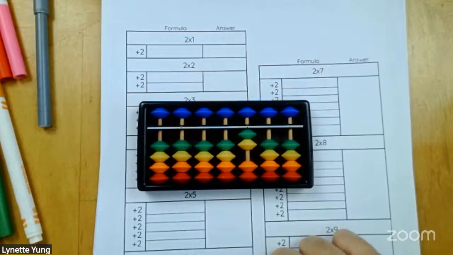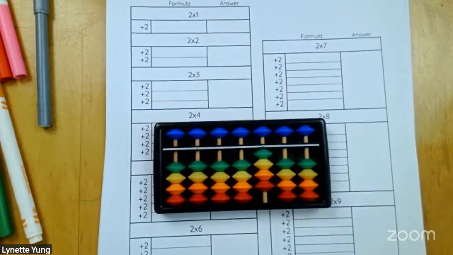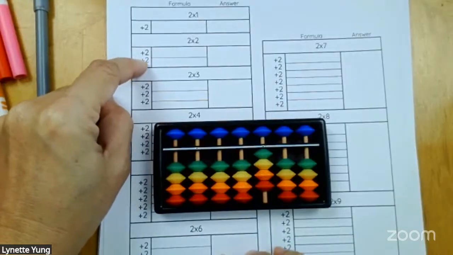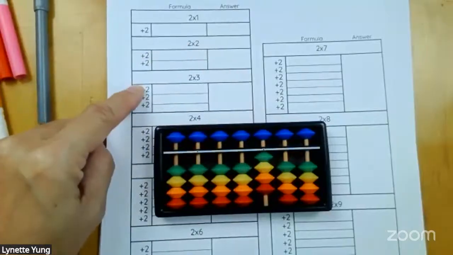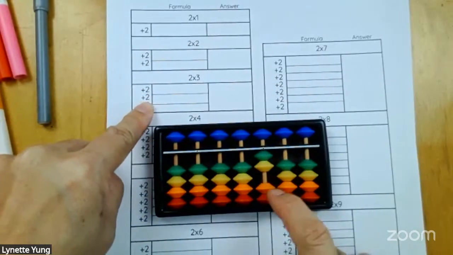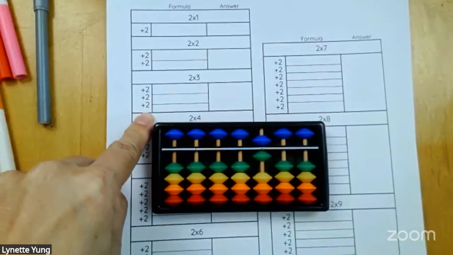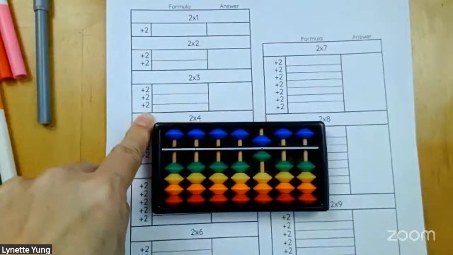So you have 2, because you're 2 by itself. And then this one here, 2 plus 2 is 4. So then you put 4 here and then you start over. And then 2 plus 2, and then plus the 2 is plus the 5 minus 3.